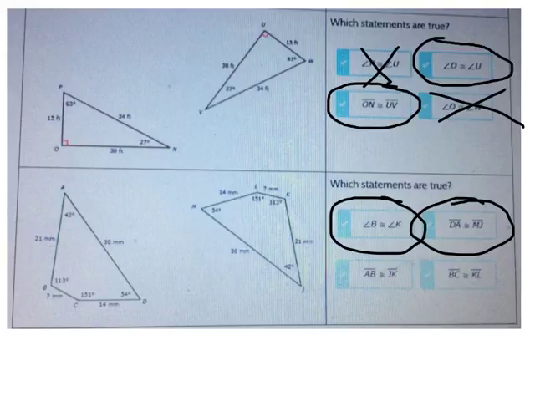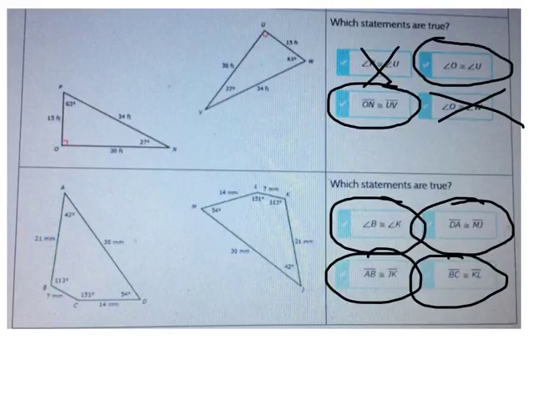Is AB congruent to JK? Yes. Is BC congruent to KL? Yes. All of these represent corresponding sides and angles.